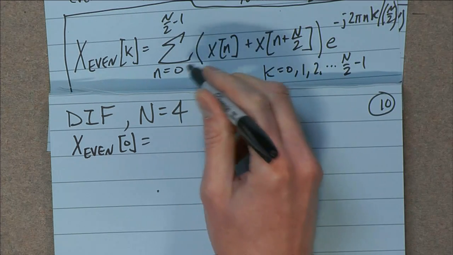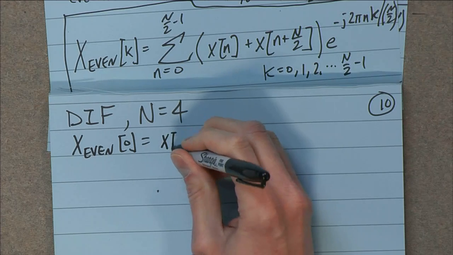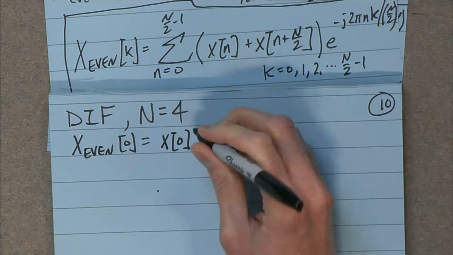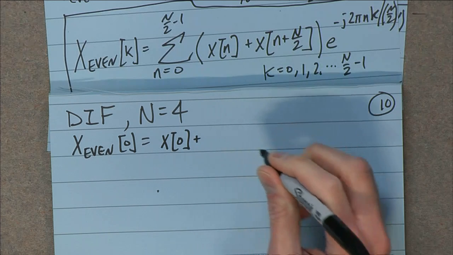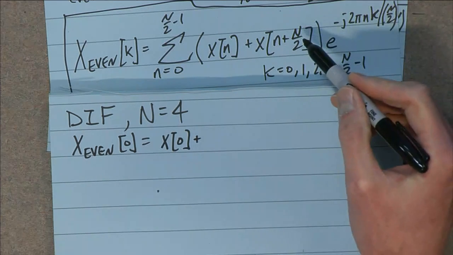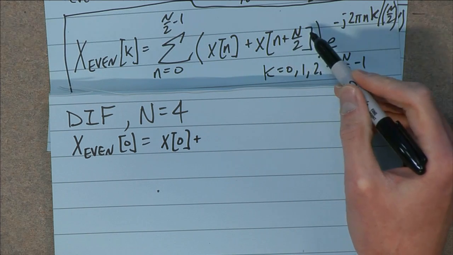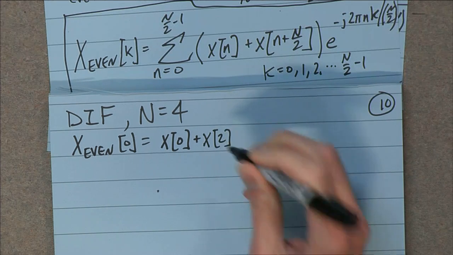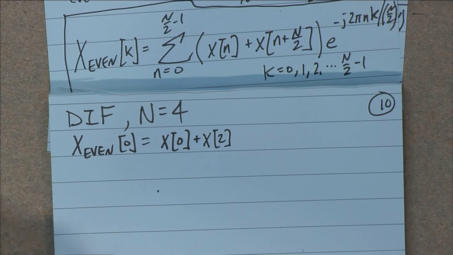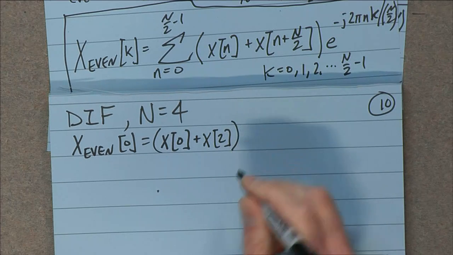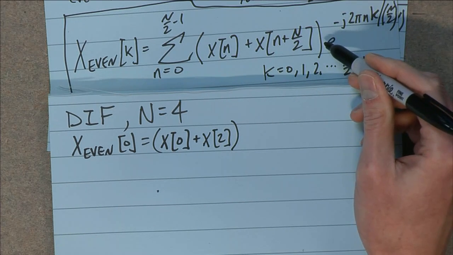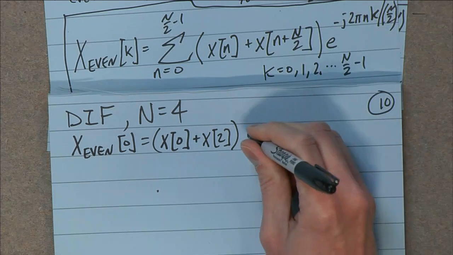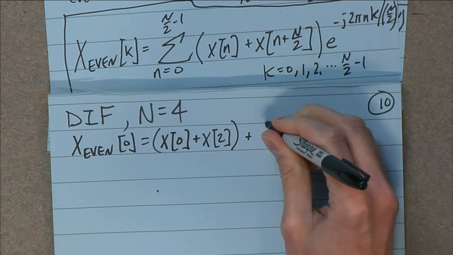And so when n equals 0, we have x of 0 plus x of N over 2. But what's N? N is 4, so 4 divided by 2 is 2. So we end up with that. I'm going to put it in parentheses because that was the first term when n equals 0. But now n's got to equal 1, so we have to redo it.